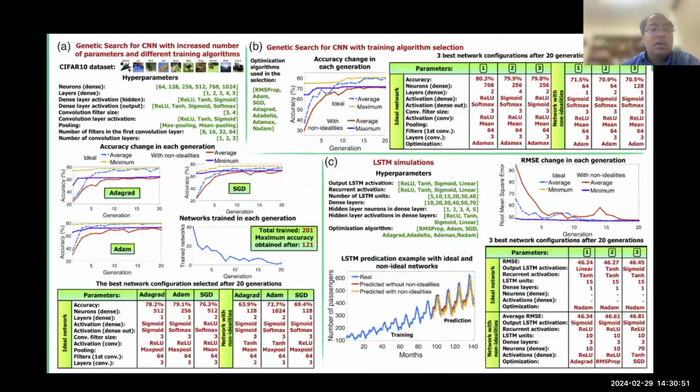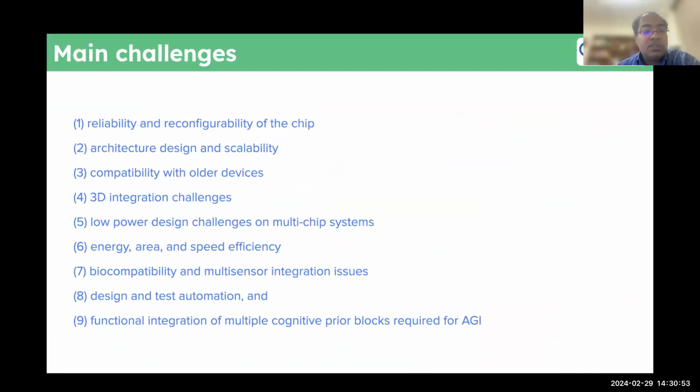I'll skip. So main challenges going ahead, we see that reliability and reconfigurability of the chip as we further integrate larger numbers of devices. So when you go from, say, hundreds and thousands of devices to millions, the complexity increases further.